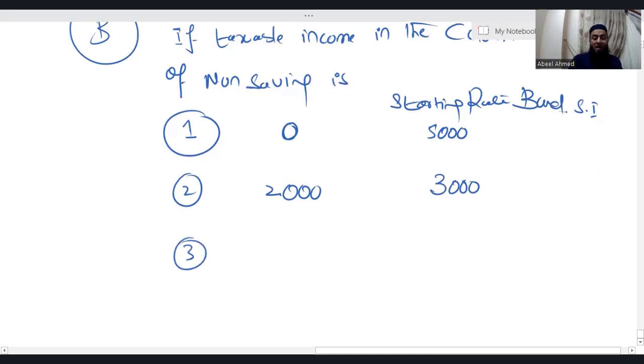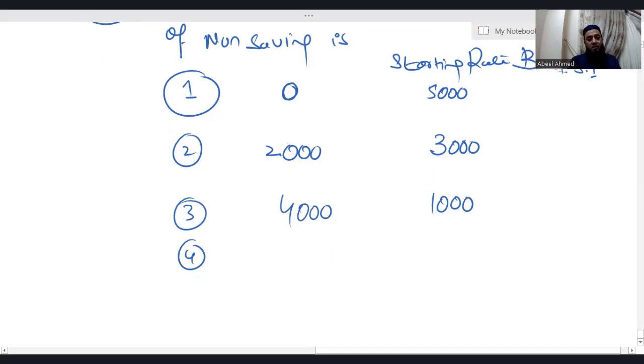Third, if taxable income in the column of non-saving is 4,000, still you will be getting a starting rate band of 1,000. If taxable income in the column of non-saving is 6,000, you will not be getting any starting rate band. So simply the starting rate band is only applicable when in the column of non-saving your taxable income is less than 5,000. Only then the starting rate band concept comes, otherwise it does not come.